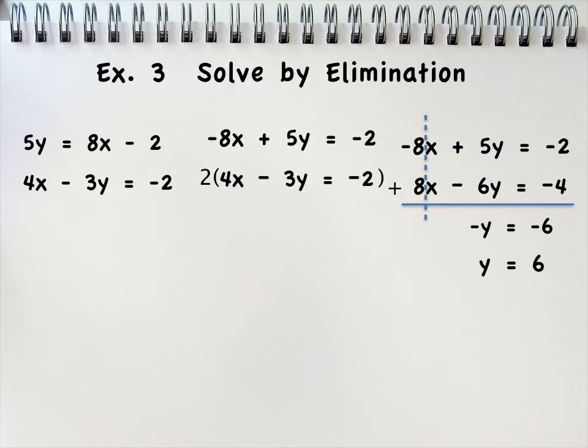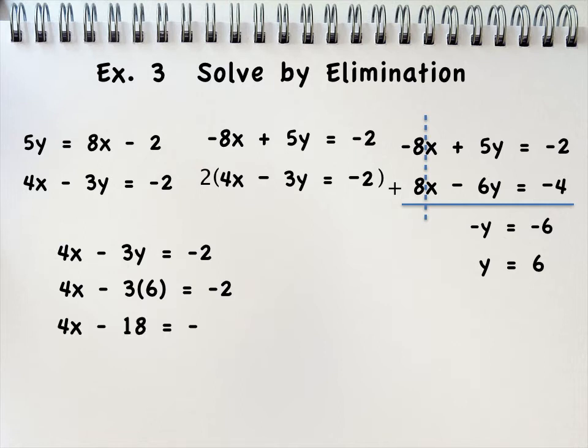That is the y coordinate of my point of intersection. We can substitute that y value into either of the two original equations. I'll pick the second equation to substitute 6 for y. And now I can solve for x by adding 18 to both sides, and I get x equals 4.